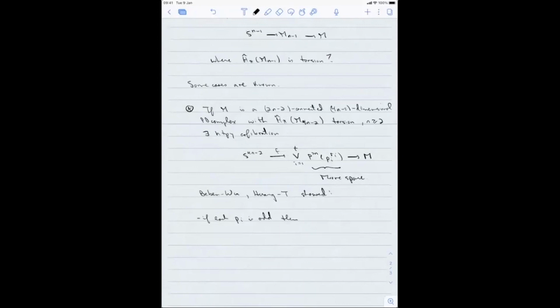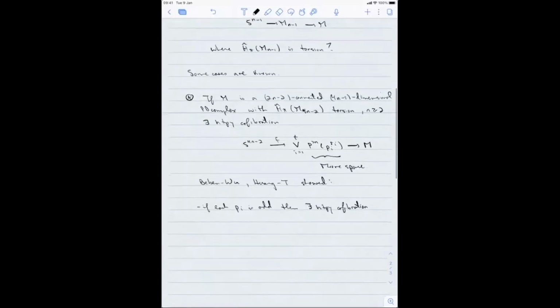So if each prime is odd, then you can do an analysis that looks similar to the types of things we were doing before.